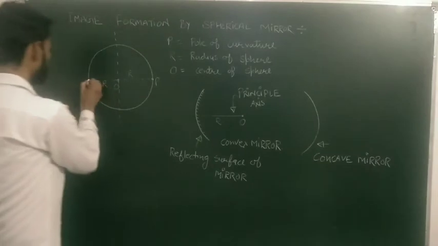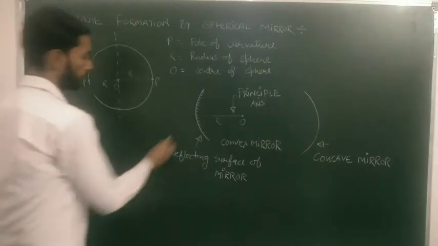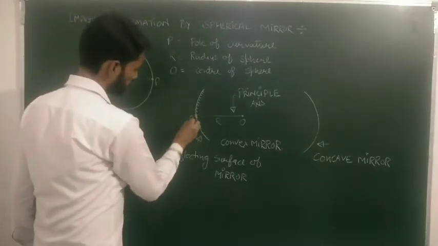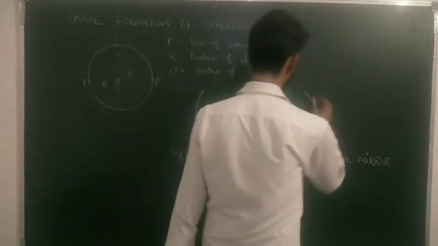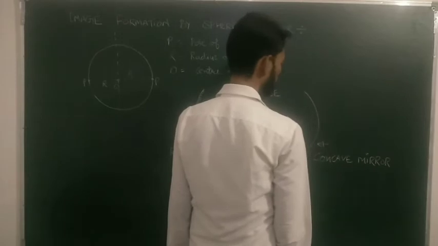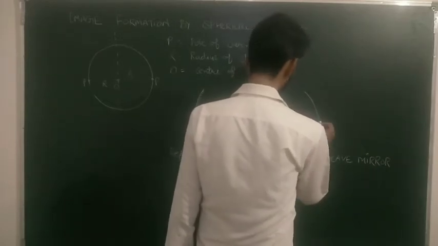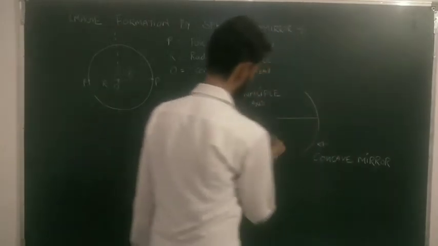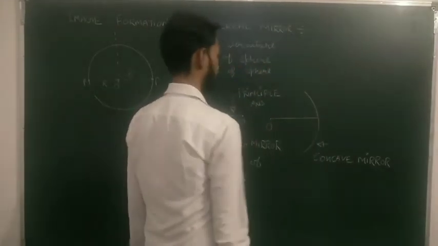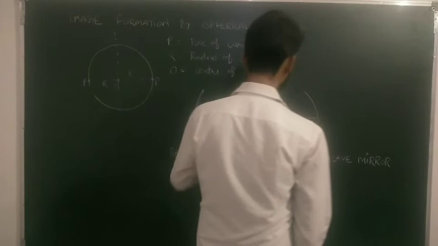If this is the pole, this is also a pole, so we say this is also the pole of curvature. This type of mirror is called a concave mirror, and here is the center O of the surface of the spherical mirror.